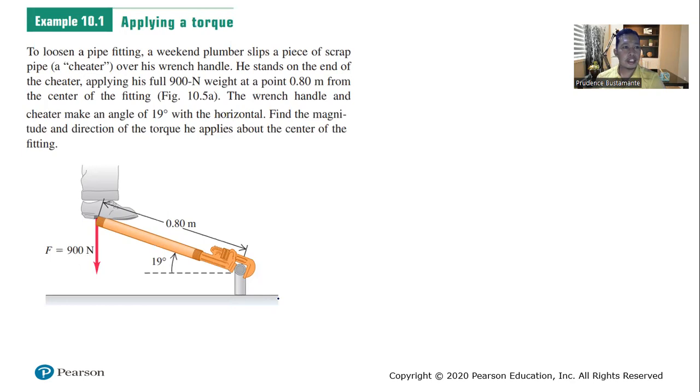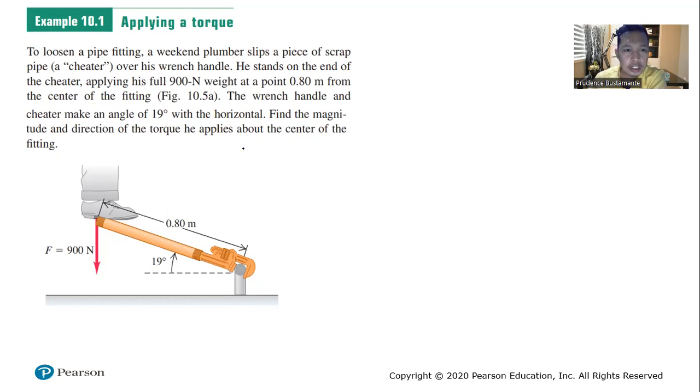He stands on the end of the cheater, applying his full 900 N weight at a point 0.80 meters from the center of the fitting, as you can see in the figure. The wrench handle and the cheater make an angle of 19 degrees with the horizontal. Find the magnitude and the direction of the torque he applies about the center of the fitting.